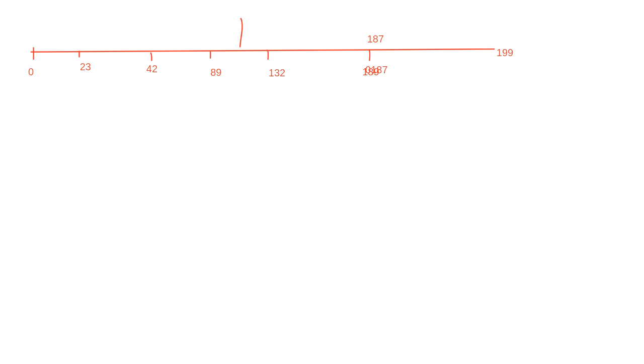So this 100 is the current head position.